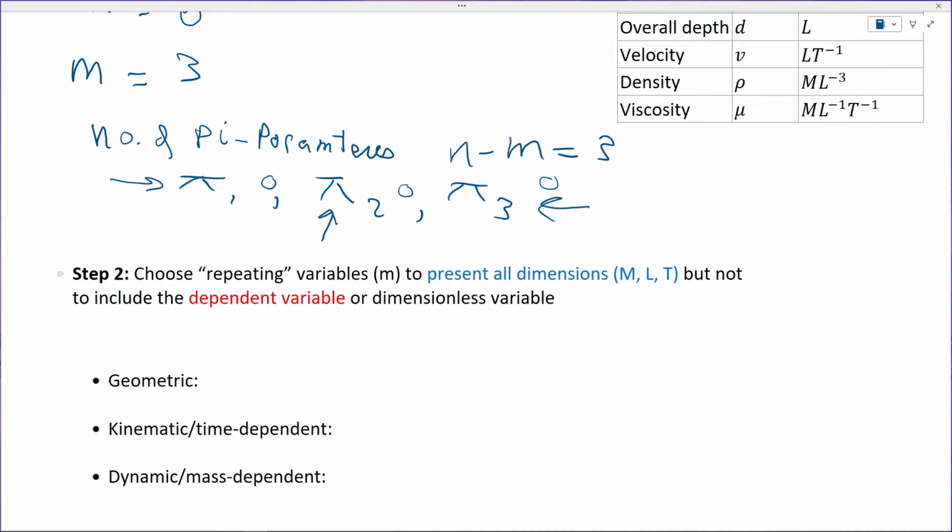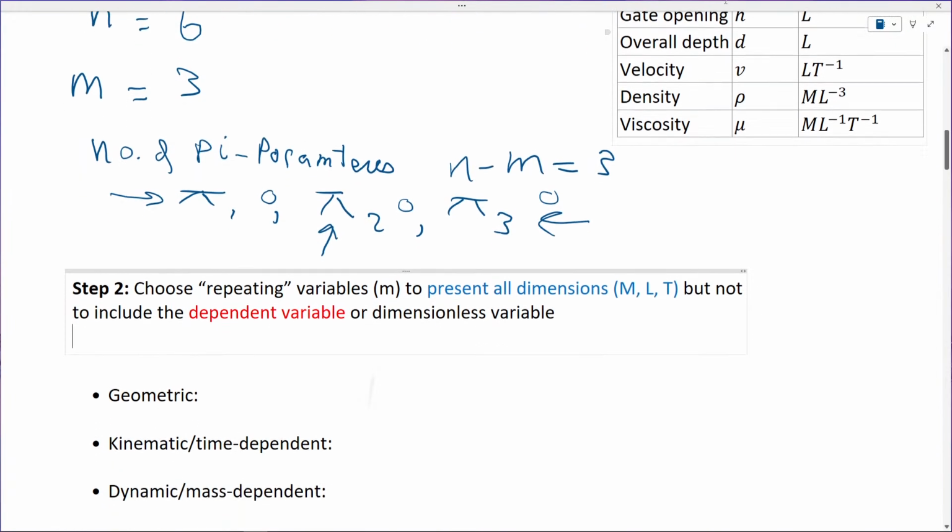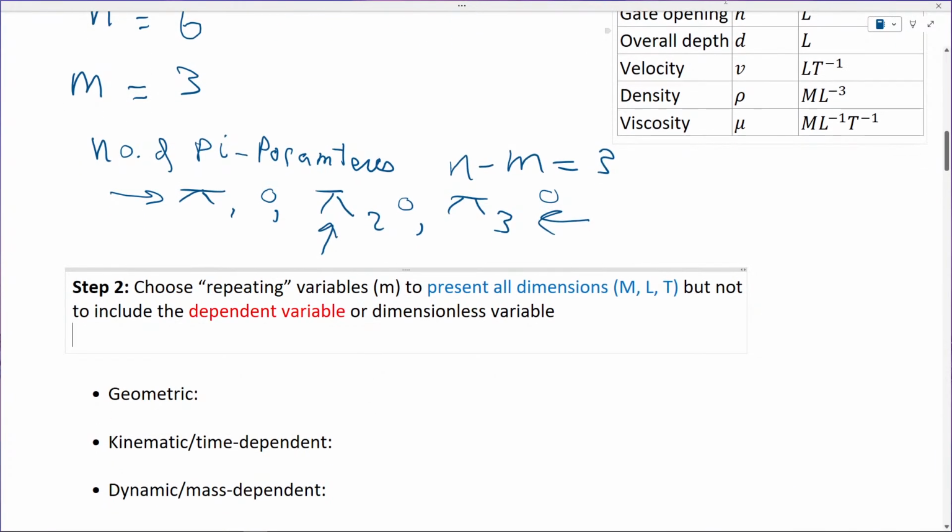So let's choose one that represents the length, for example. So we can choose the overall depth. That would be my first repeating variable. That would be L, the dimension of L.